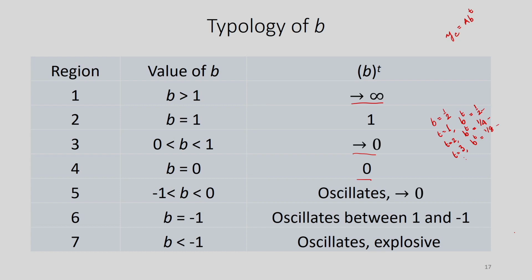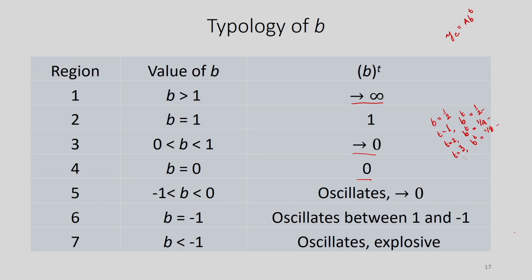If you put t is equal to 1, then, let us suppose b is equal to minus half, minus half to the power 1 is minus half, t is equal to 2, minus half to the power 2, that is 1 divided by 4. So, you can see from minus half it becomes plus 1 divided by 4, then it becomes minus 1 divided by 8, then it becomes plus 1 divided by 16.